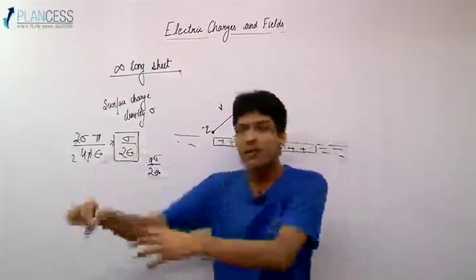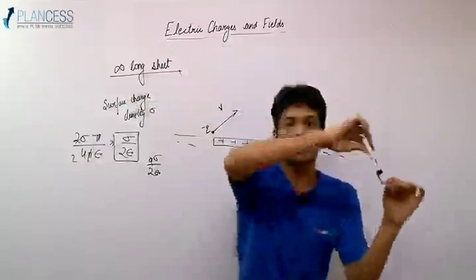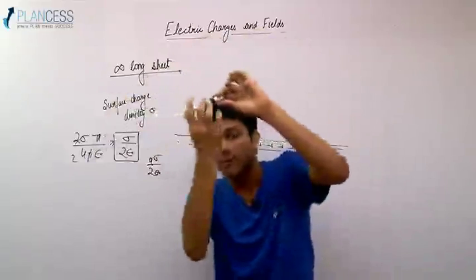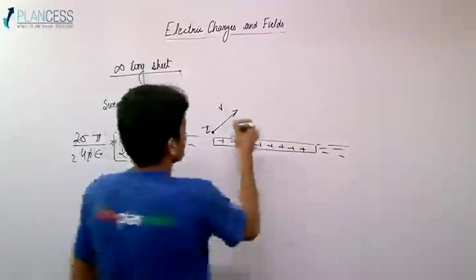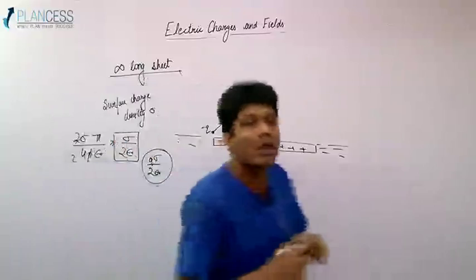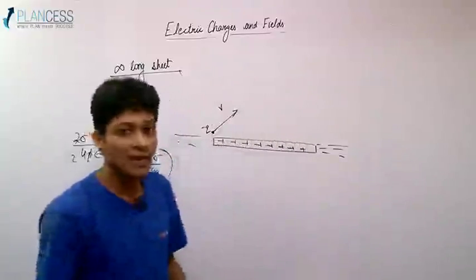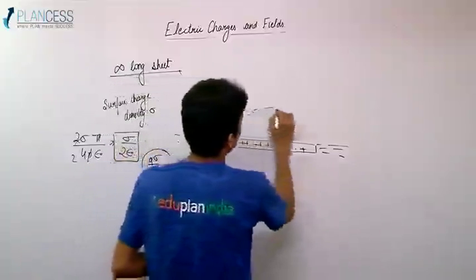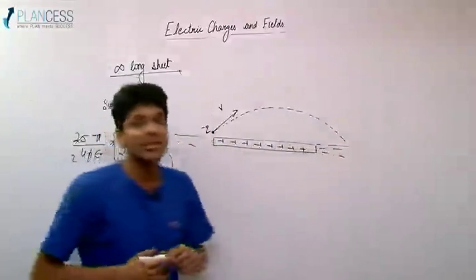The pen moved through many points in this trajectory, and at all the points the force put upon the pen was mg, constant. Similarly, at this charge, the force at every point would be equal to q sigma by 2 epsilon naught, similar to the force put upon by gravity. So the trajectory of this particle would be a parabola, as in the case of motion in 2D which we study in gravitation.